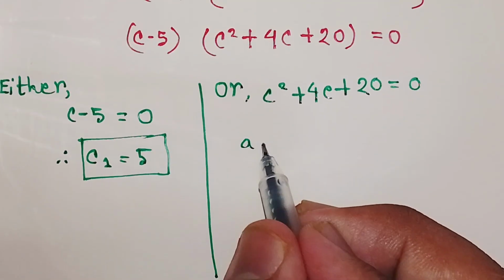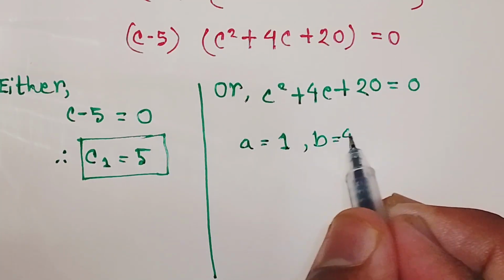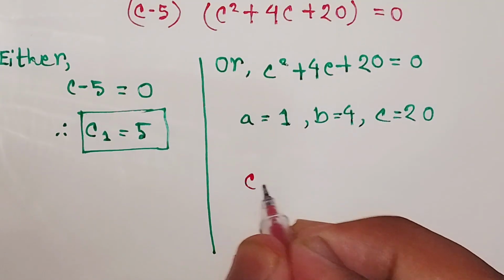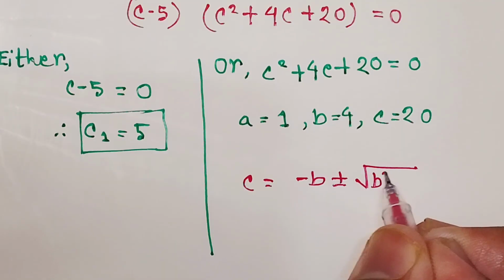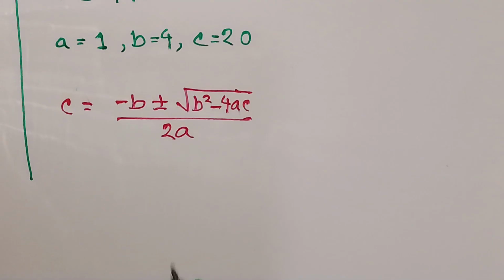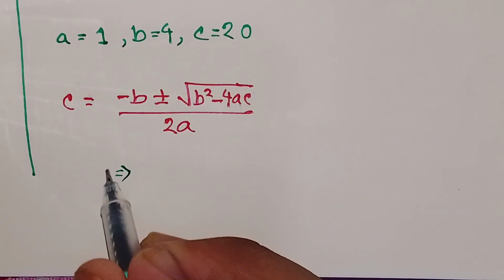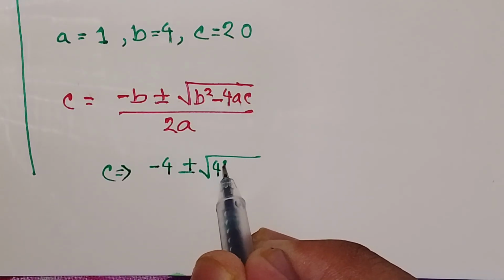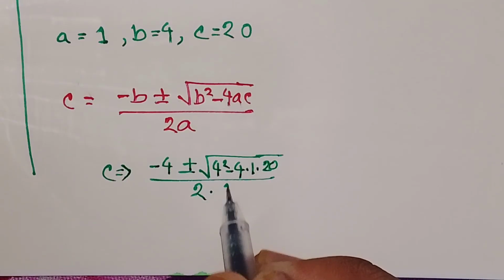Here we can use a equal 1, b equal 4, and c equal 20. Here we will use this quadratic equation formula: minus b plus minus root over b square minus 4ac divided by 2a. So we replace these values in here, then we can get c equal minus 4 plus minus root over 4 square minus 4 times 1 times 20 divided by 2 times 1.